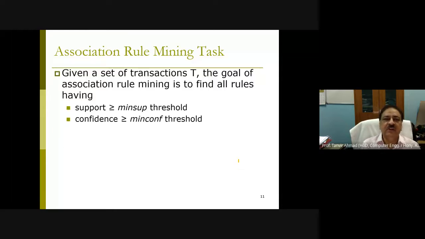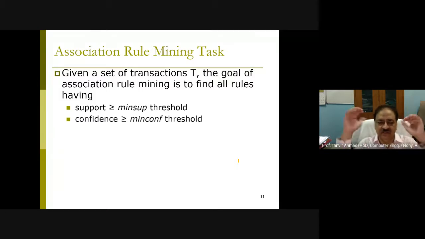Now, whenever we are given a set of transactions, the goal of association rule mining is to find all rules having support greater than or equal to minimum support and confidence greater than or equal to minimum confidence. This is the general association rule mining task.